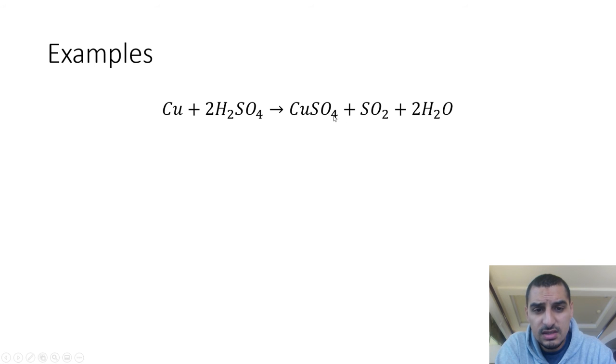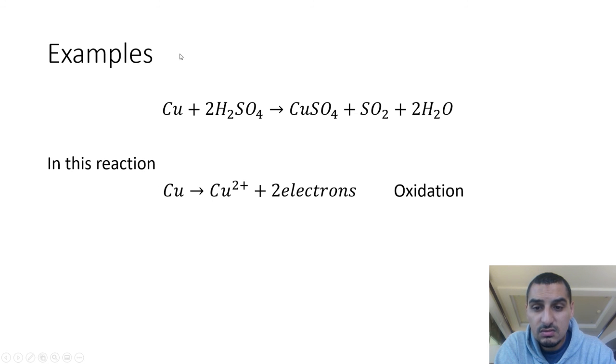This whole thing is -2, and this copper is the other part of the compound. This should neutralize it so that the sum is 0, so copper should be copper +2. So it started as copper with 0 charge and ended up as copper with 2 positive charges, losing 2 electrons. And we call this oxidation because the charge increased.